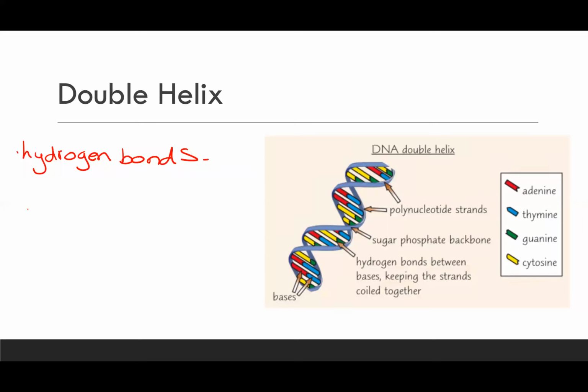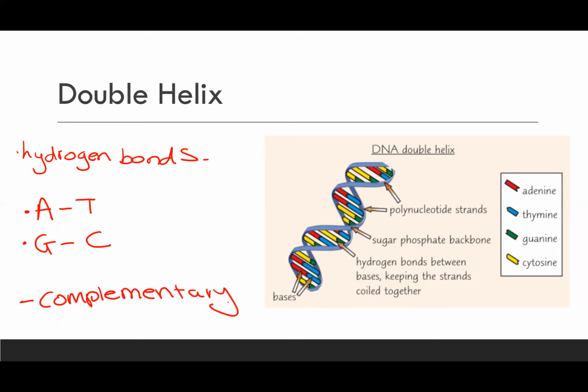So, quick reminder, adenine always pairs with thymine, and guanine always pairs with cytosine. And this causes the 2 strands of DNA to be what we call complementary. And this means that they match up so that whenever there is an adenine base on one strand, there will be a thymine base on the other. And wherever there is a guanine base on one strand, there will be a cytosine base on the other.